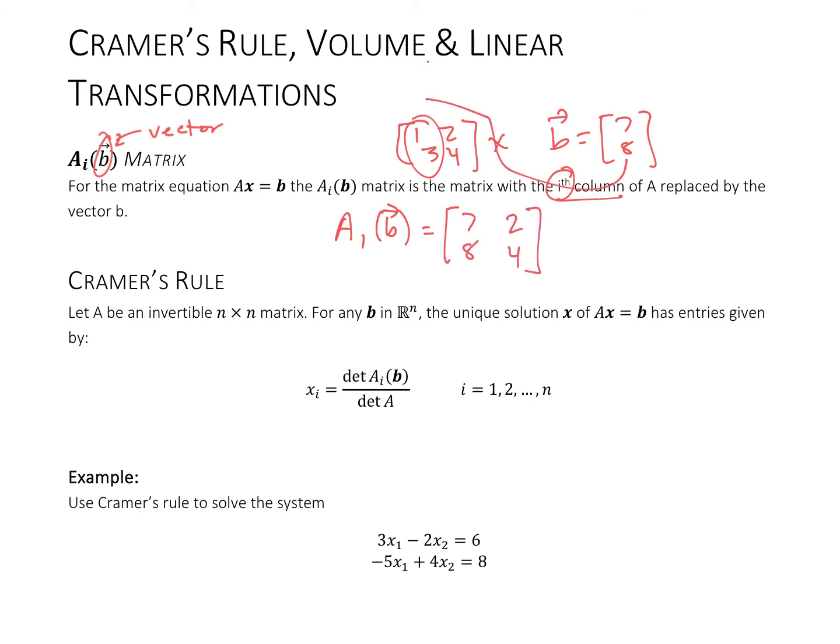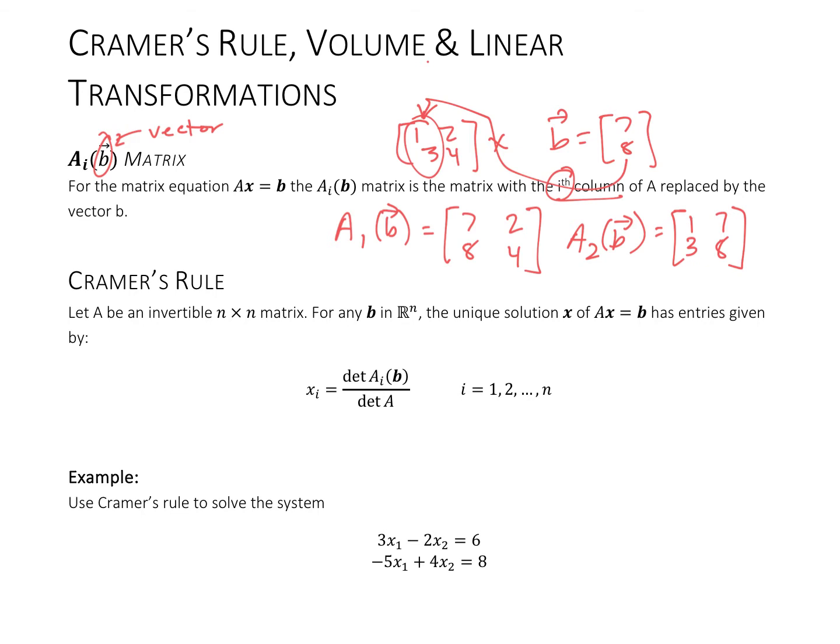The A2B matrix would be the 1 and 3 staying, but this time the 2 and the 4 are replaced by 7 and 8.